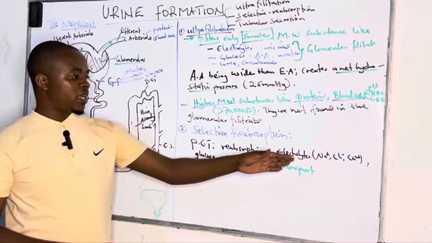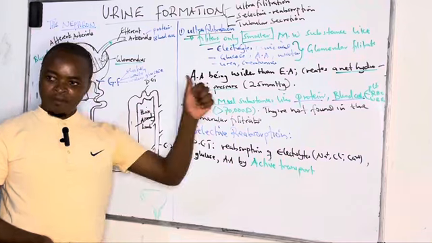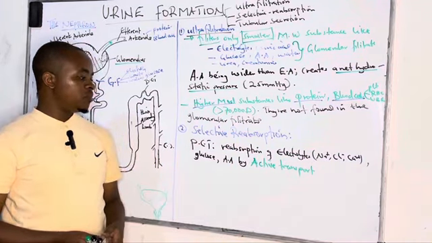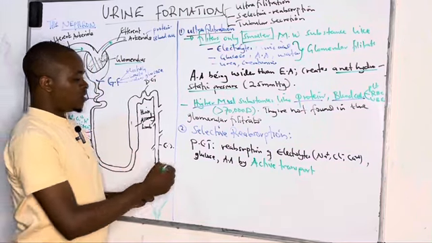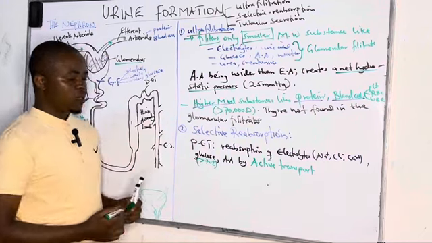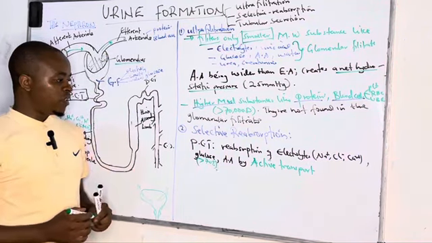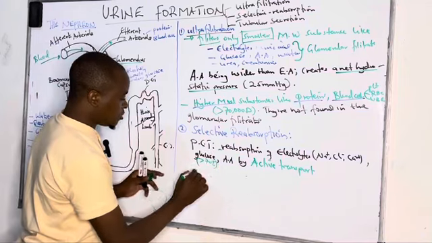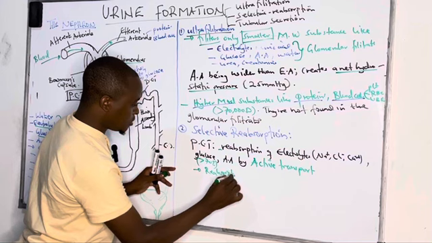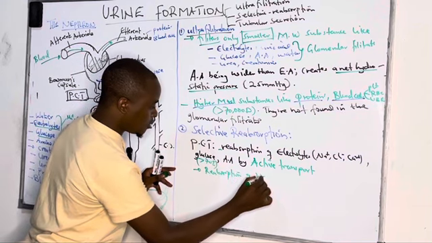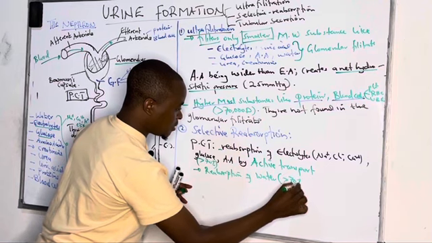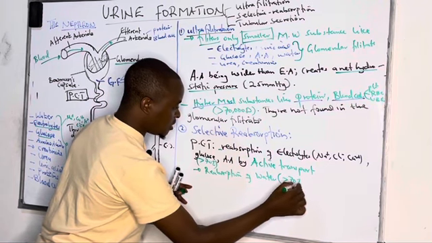So these ones are actively reabsorbed depending on the body's need. When the body does not need them, they are not reabsorbed. And they normally tell us that greater than 70% of glucose is reabsorbed in the proximal tubule. And there is also reabsorption of water, whereby greater than 70% of water is also reabsorbed here.